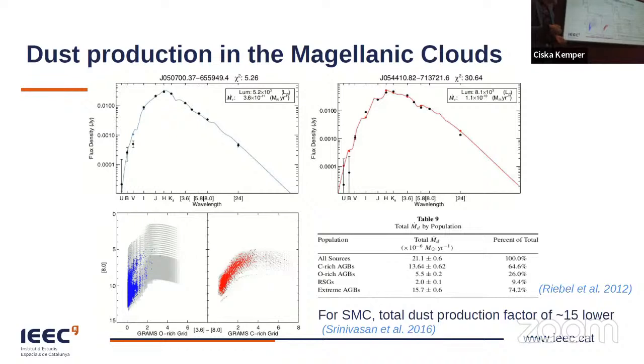So here is the grid of models for which we then calculated the fluxes. Here you can see what the spectrum of a typical grid point looks like, and you can of course calculate synthetic photometry from that.